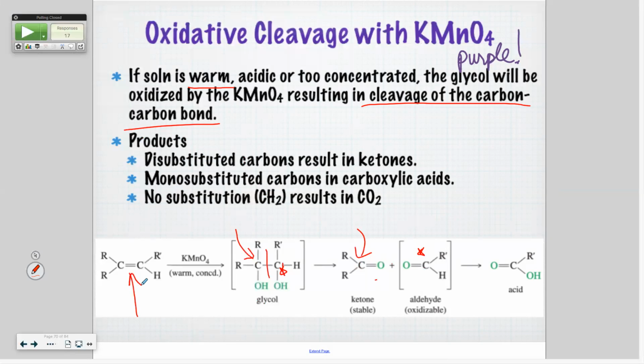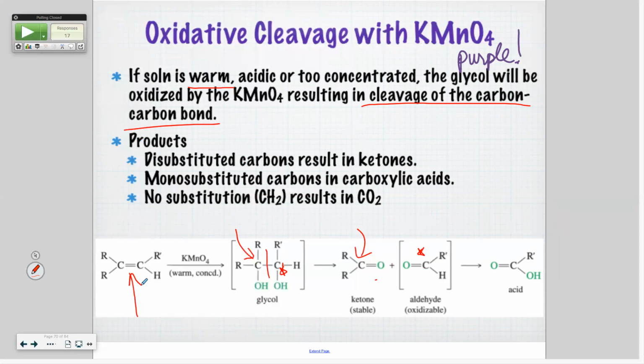So a disubstituted carbon, that means that the double bond carbon has two R groups on it, gives you a ketone. If you have a monosubstituted carbon, one R and an H, you get a carboxylic acid. What if you have two H's? You get carbon dioxide, which would bubble up. Okay, be easy to clean that one up.